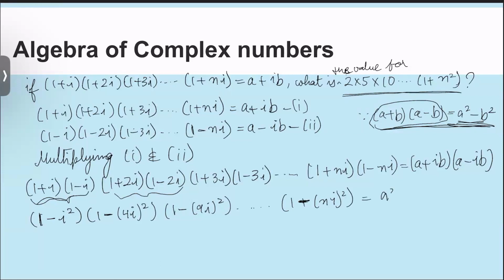And this will be A square minus B square i square, in whichever terms you write.